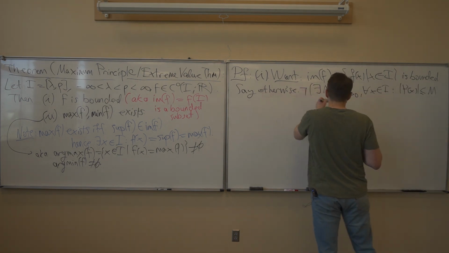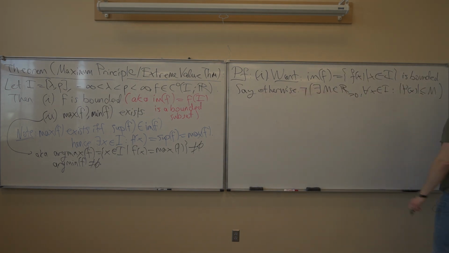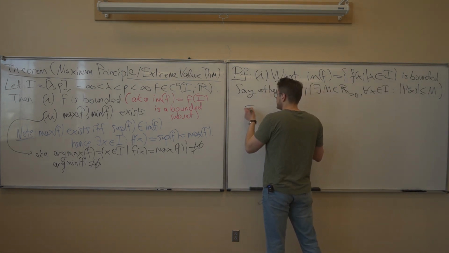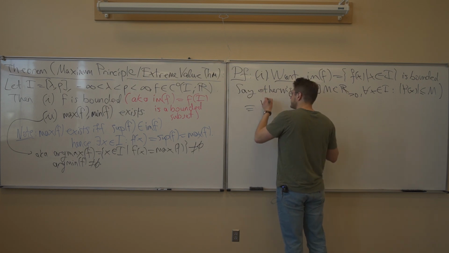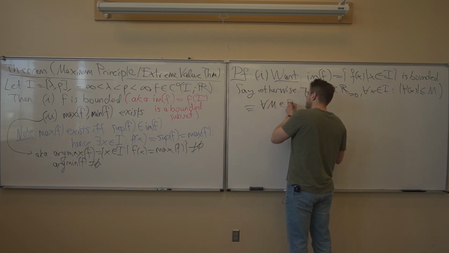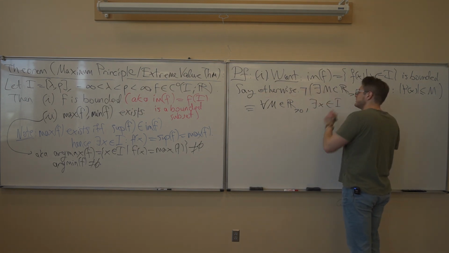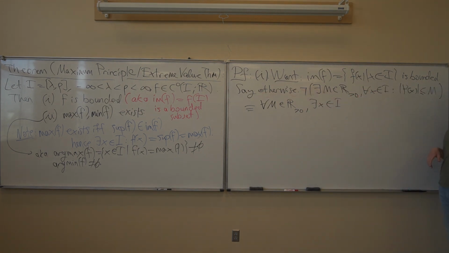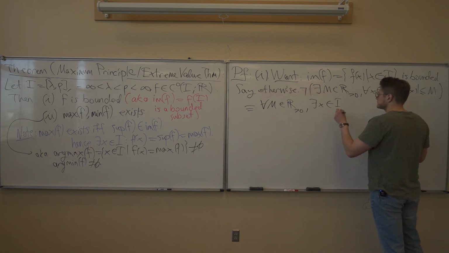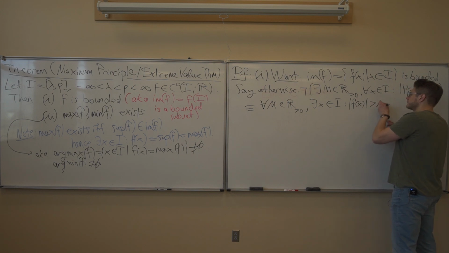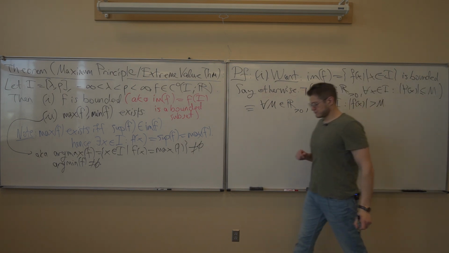Then I'm going to take the negation of this. What is this equivalent to? This is equivalent to saying that for any M, there is a point x in I such that f of x in absolute value is greater than M. Okay.